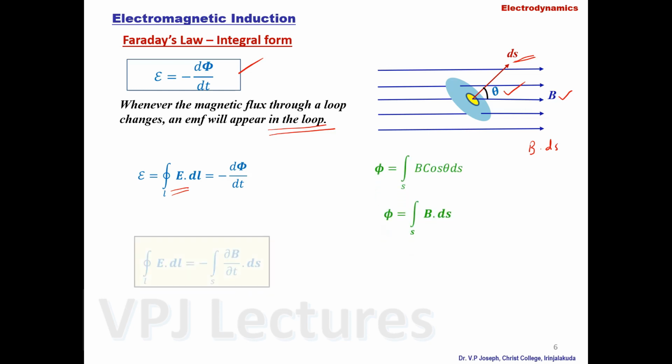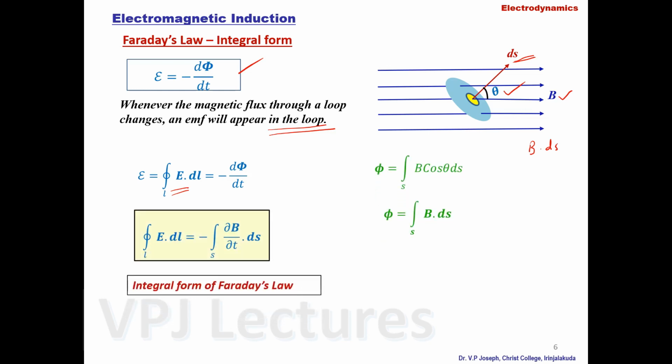And the total flux associated with that area is the surface integral of B cos theta ds. The normal component of magnetic flux is the surface integral B cos theta ds, or B dot ds.